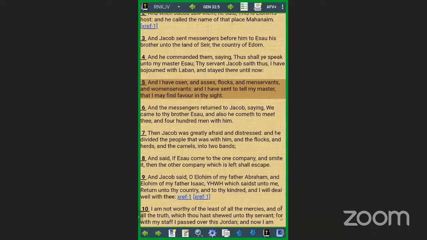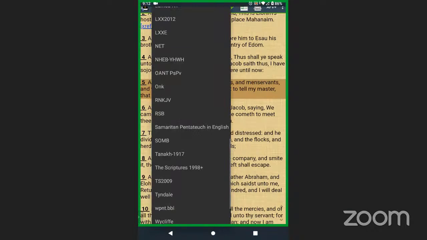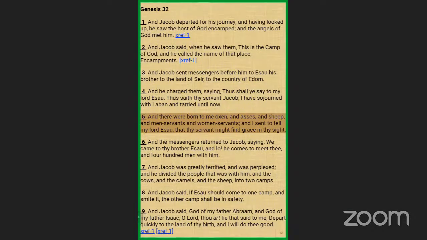Let's see here. So the Masoretic text says, and I have oxen and donkeys, flocks, men servants, women servants, and I have sent to tell my master that I may find favor in your sight. So then we look at the Septuagint here. It says, there were born to me oxen, donkeys, sheep, and men servants and women servants, and I sent to tell my master Esau that your servant might find favor in your sight.